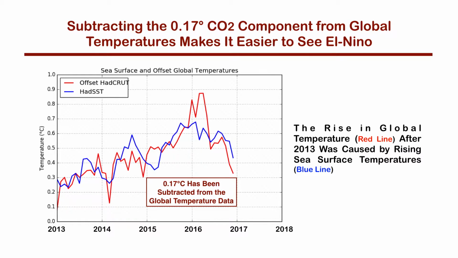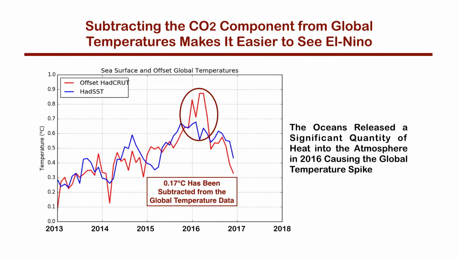I'm claiming that the ocean caused the atmospheric temperature to increase because the contrary opinion that the atmospheric temperature caused the ocean's temperature to increase is scientifically implausible based on the laws of physics and heat capacities and so forth. So apparently, the oceans released a significant quantity of heat into the atmosphere in 2016, causing this global temperature spike.